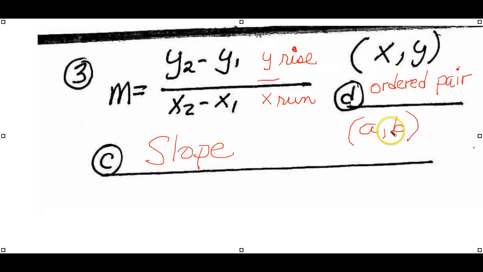This would be an ordered pair in which order is significant. That is, the x comes first, as the a comes first. We'll be getting to that a little bit, but the a would refer to the x, the b would refer to the y.